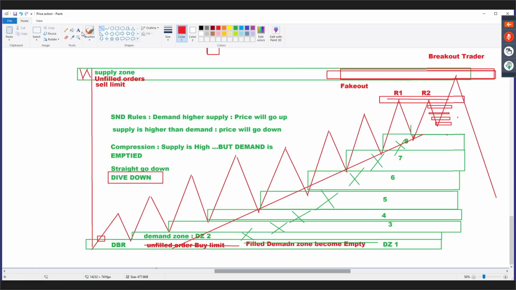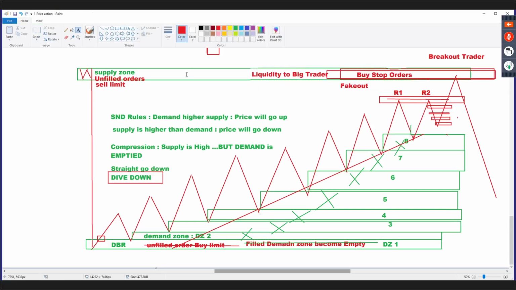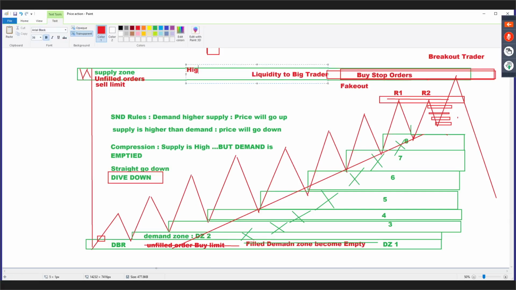Because at this area, there are a lot of buy stop orders. These buy stop orders give liquidity to big traders. And this liquidity is high. I mean, the supply is high.